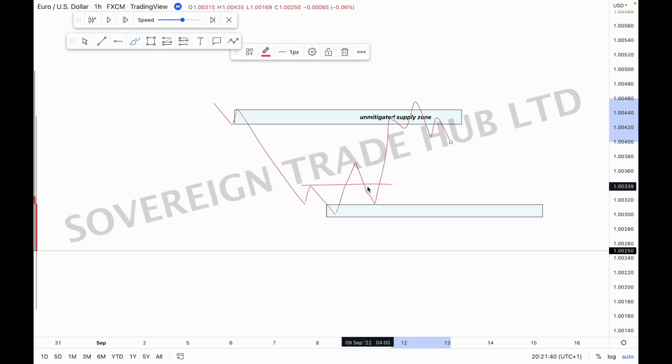Why? Remember, market is coming from a fresh zone here. Since there has been a change of character here, the bulls are now in control. You should equally wait as market steps into that unmitigated supply zone and mitigates it. You are not permitted to sell the moment market mitigates an unmitigated supply zone. You are not permitted to sell.